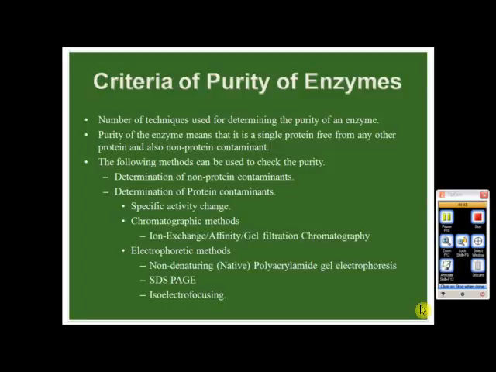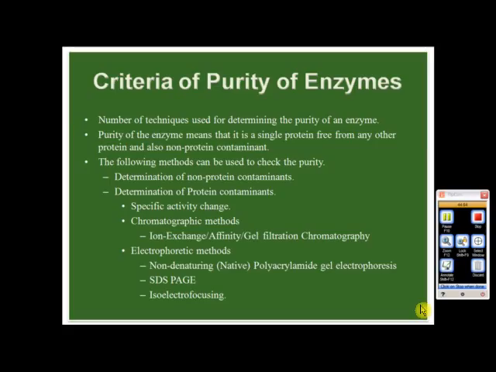After purification of your enzyme, further you have to confirm whether your purified fraction contains a single protein, because it may contain contaminating proteins, or some contaminating ions, or some contaminating biomolecules other than protein. So for that you have to confirm that your protein is pure.